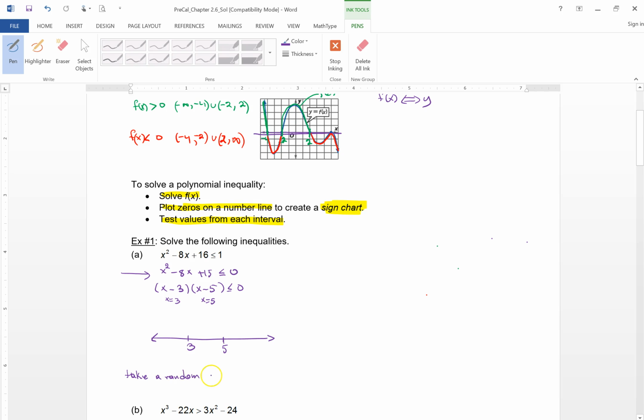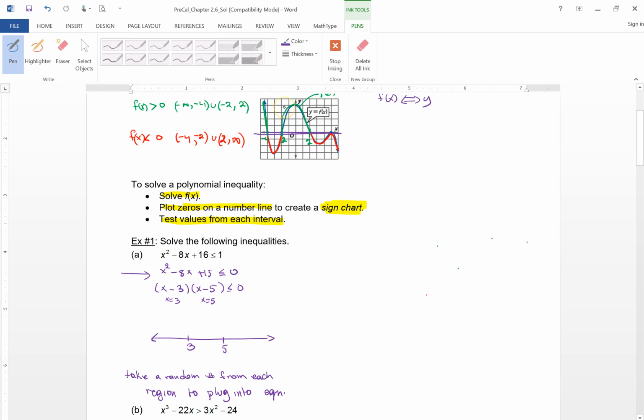Take a random number from each region to plug into the equation. All right, so from this region, less than 3, I love 0.